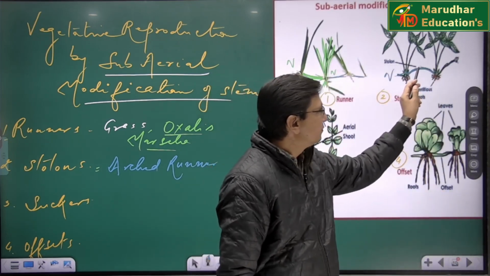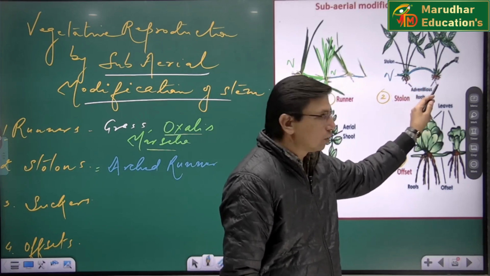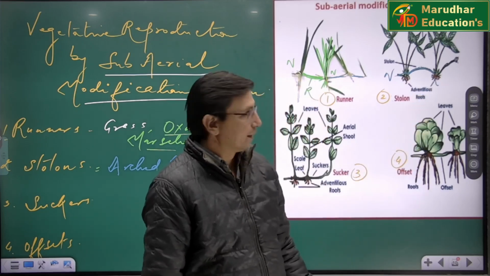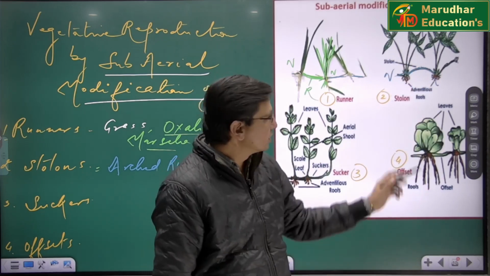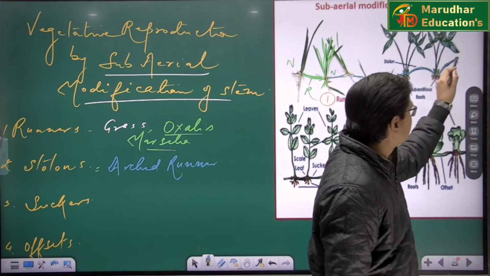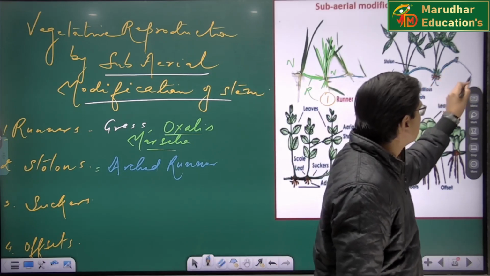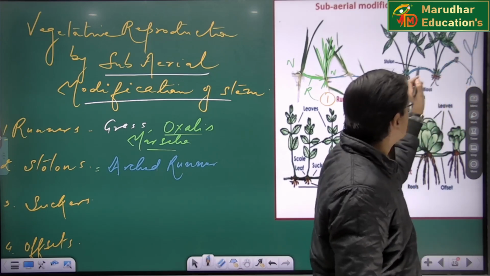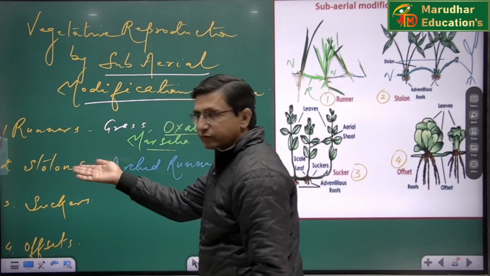It comes up, then makes an arc and goes back down. When it touches the ground, what happens? The lower portion gives rise to roots and the upper portion gives rise to leaves. So this is an arc. Here a new stolon is being made. Again, this shall bend down and here it will give rise to roots, and above it shall make leaves. So these are stolons. So how are stolon and runner different from each other?